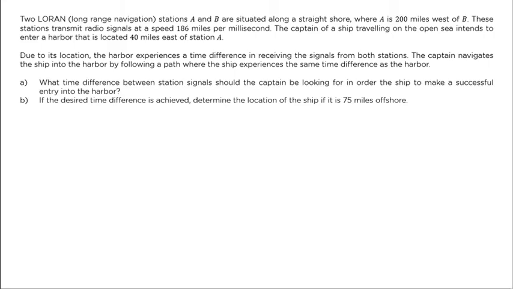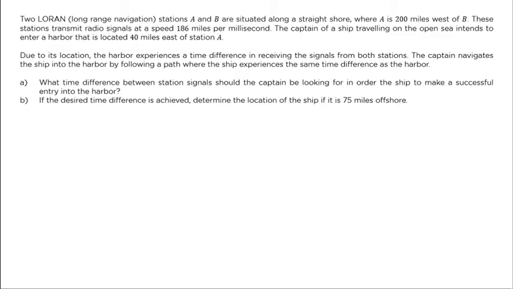For problem number 2, we have here two LORAN or long-range navigation stations A and B situated along a straight shore, where A is 200 miles west of B. These stations transmit radio signals at a speed of 180 miles per millisecond.